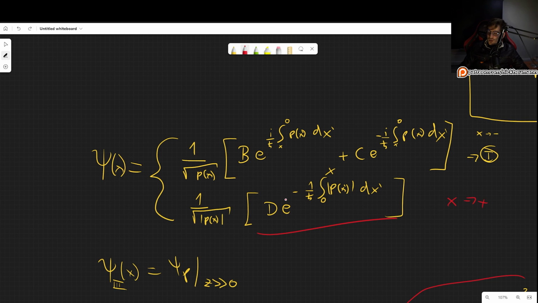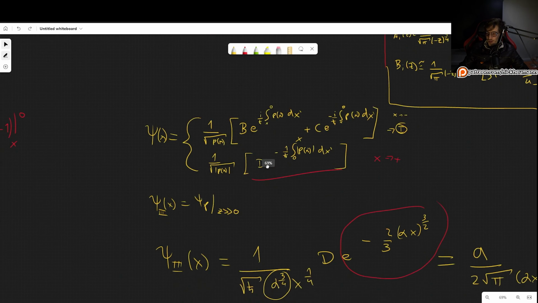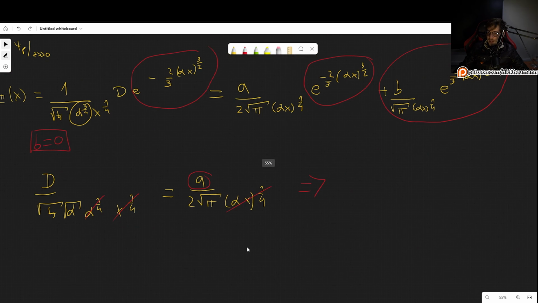So what we want to do is not have this in terms of A and B, small a and small b, but rather in terms of D, B, or C. So, we can just choose D, for example, because it would be much easier to normalize this wave function than to normalize this wave function, right? So for that reason, I would just choose D.